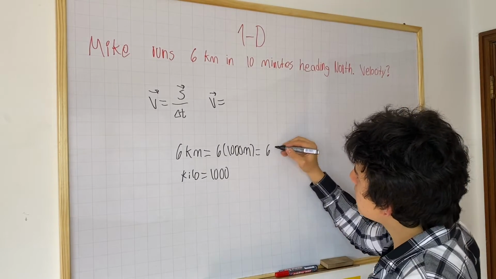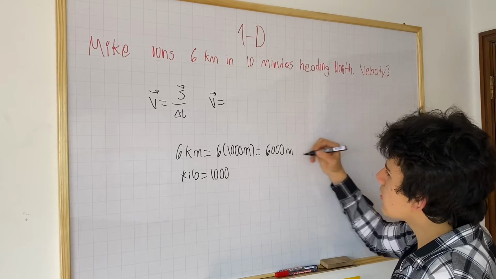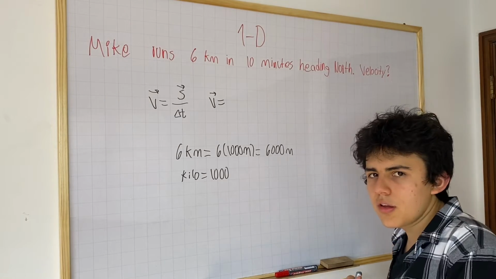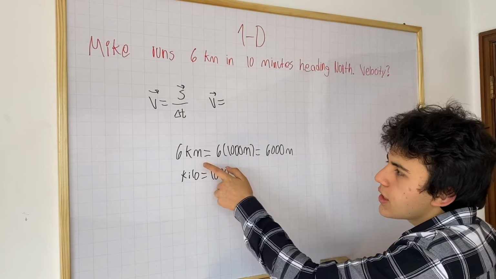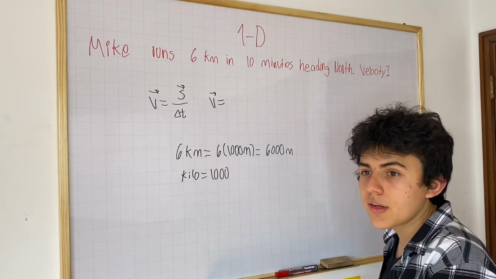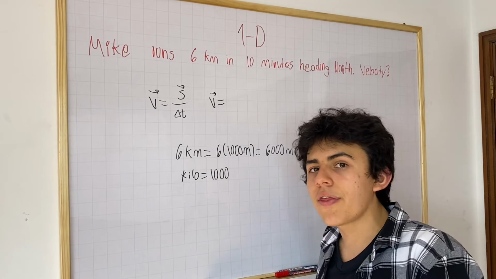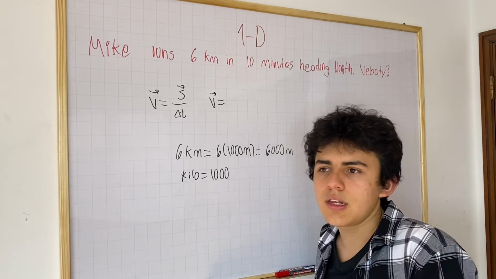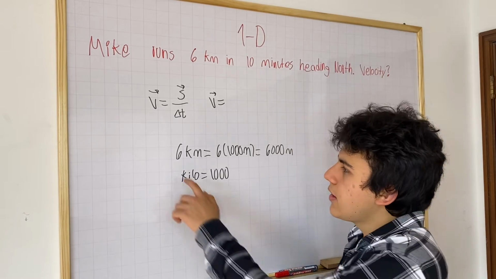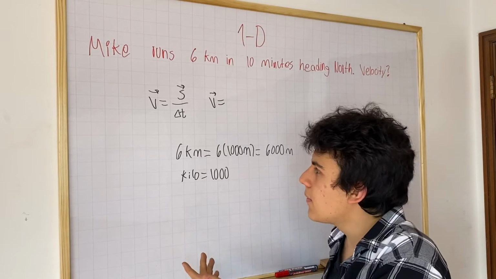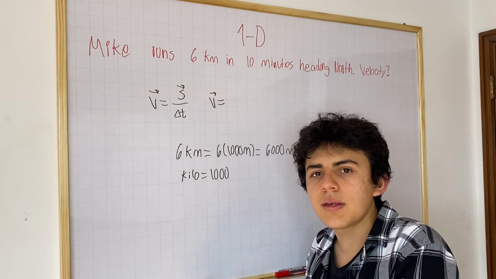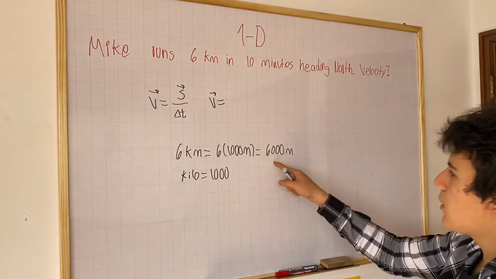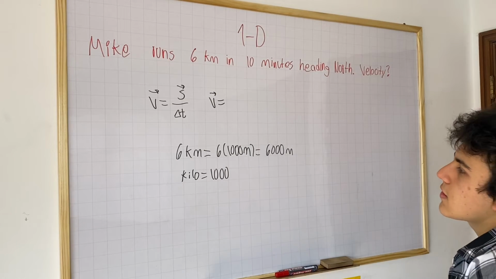And this is simply equal to 6,000 meters. It's pretty simple. Just know that since kilo means 1,000, each kilometer is 1,000 meters. That is why it's called kilometers. And you have 6 of them. That's just going to be multiplying 1,000 by 6, and that will give you how many meters you have in 6 kilometers.